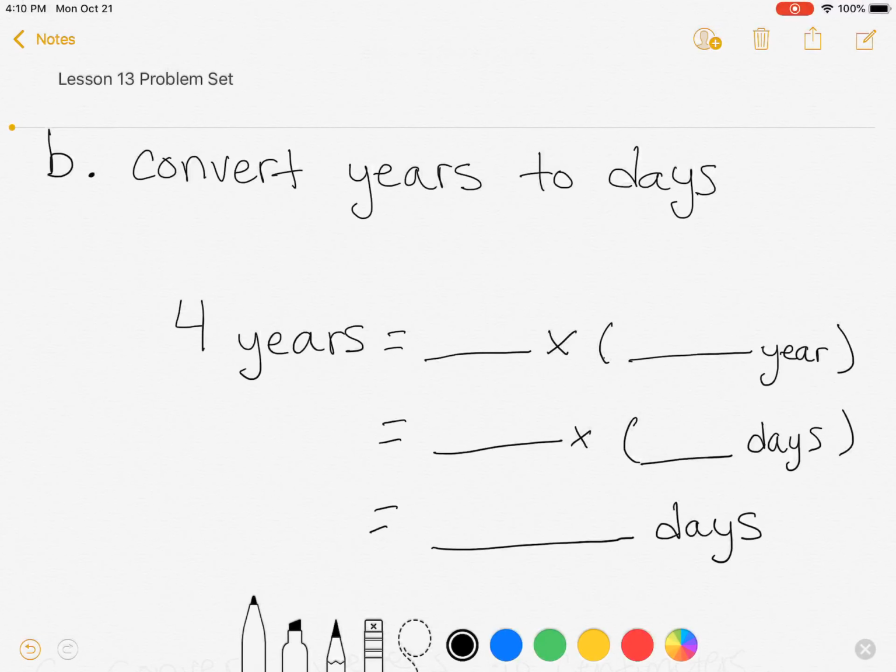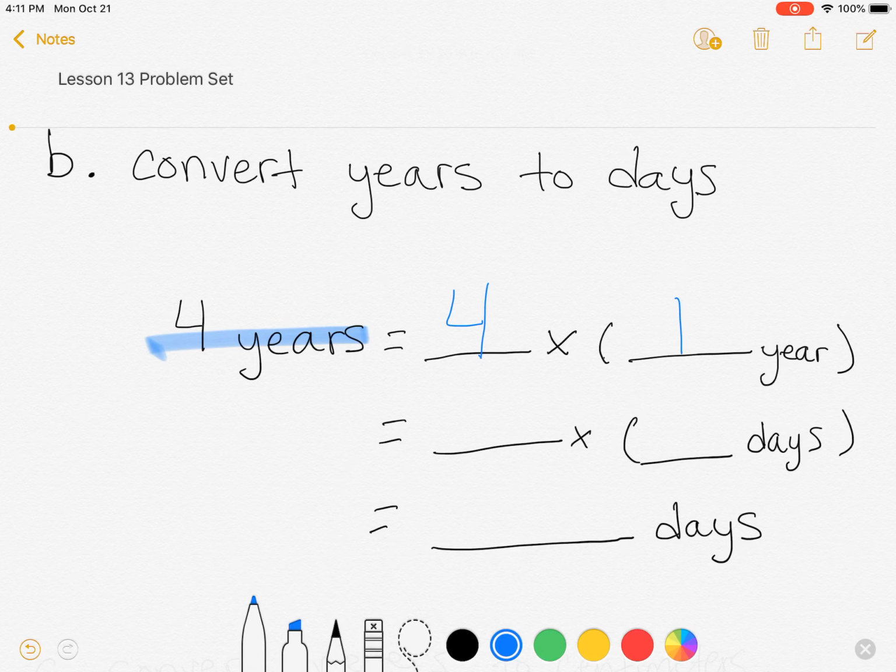The first problem on your paper is done for you on the Lesson 13 problem set. We're going to start with the letter B, and we're going to convert years to days. We're going to start with 4 years. Highlight 4 years. What do we have to write in this first? 4, because we are breaking apart 4 years by saying 4 times 1 year.